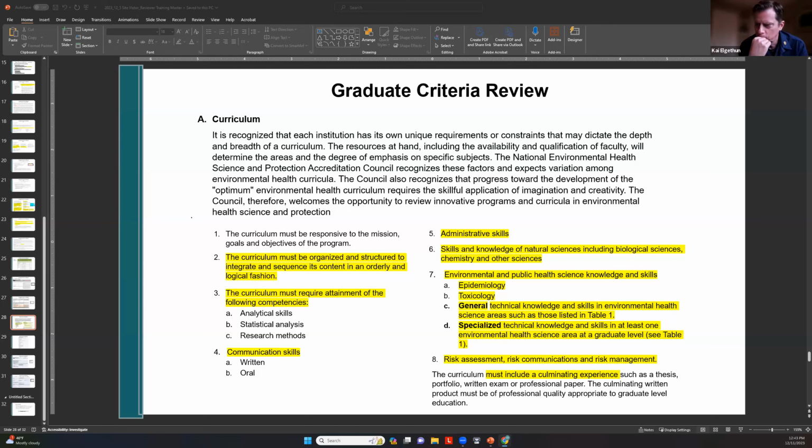The other thing I would say is that if we have biology majors or chemistry majors coming in, it's not unreasonable at all for these programs to require some sort of 300 level undergrad fundamentals of public health as an entrance requirement.